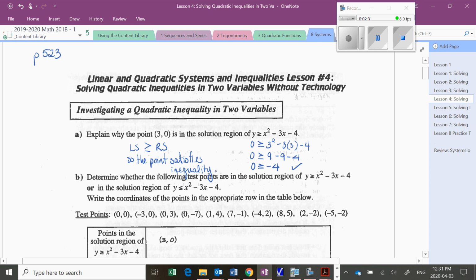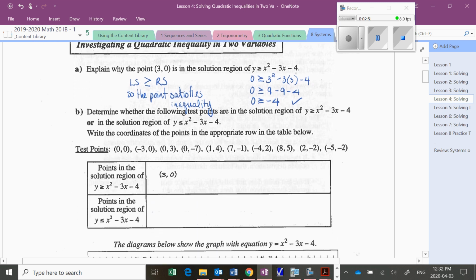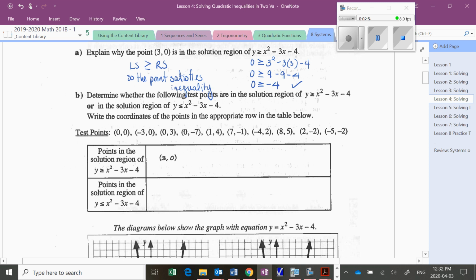Okay, so again, solution region means that it's an infinite number of points that will work and satisfy, as opposed to an equation where we're looking at only one possible solution. Taking a look at part B then, it says determine whether the following points are in y is greater than or equal to x squared minus 3x minus 4, or y less than or equal to x squared minus 3x minus 4.